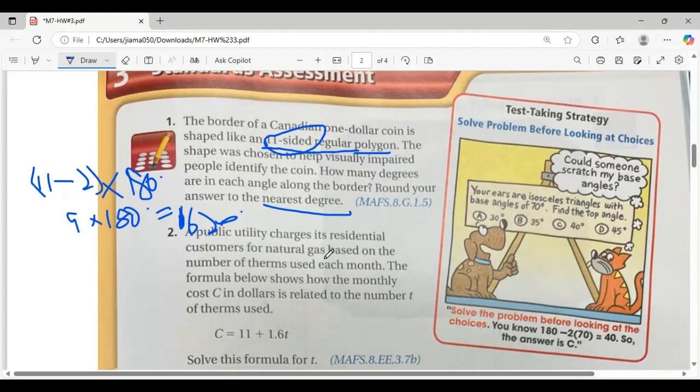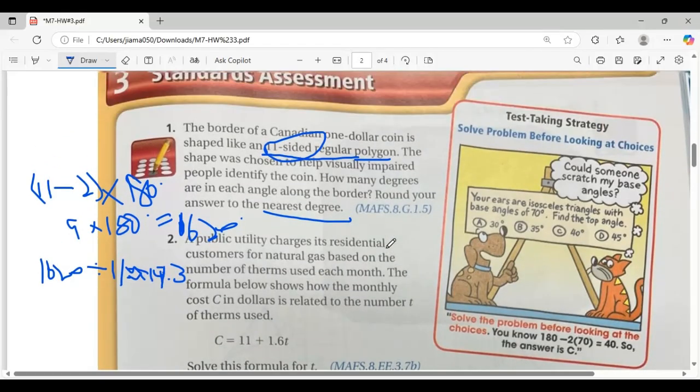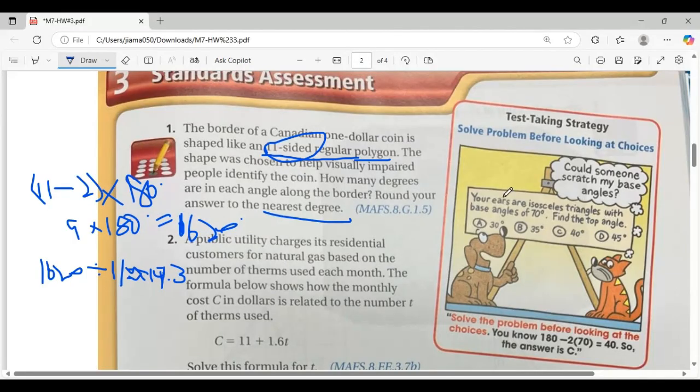So let's use this value divided by 11, which is around 147.3 degrees. Okay.